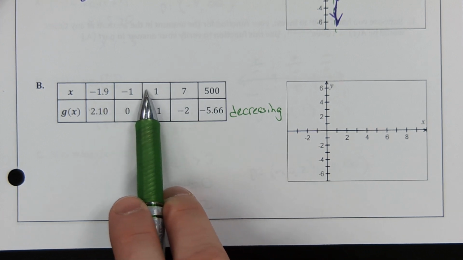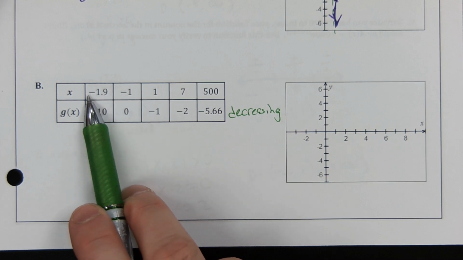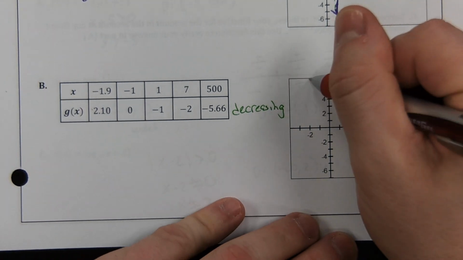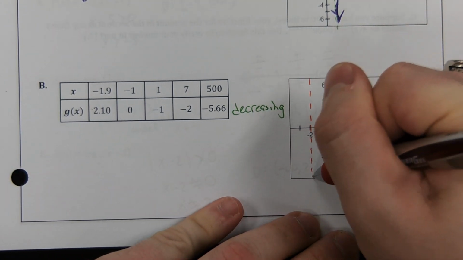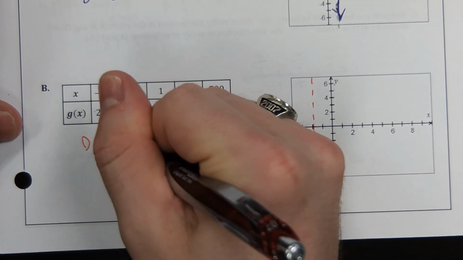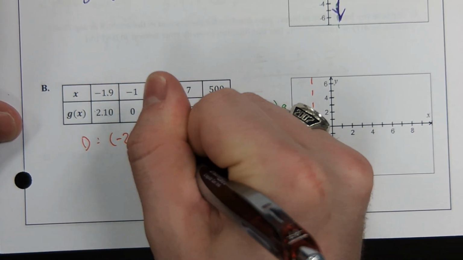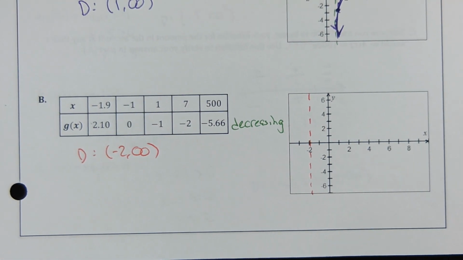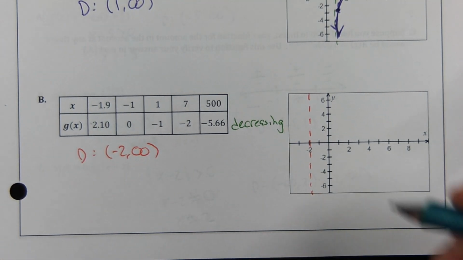So what x value did we clearly not go to on the left? -2. So we're probably having a problem at x equals -2. So we've already determined our domain. Now we just need to plot it to see our concavity. I'll do that one in blue. So almost a -2 at a hair past 2.